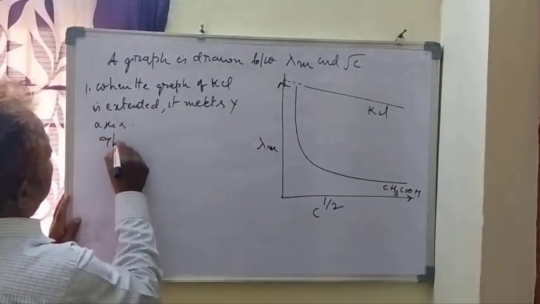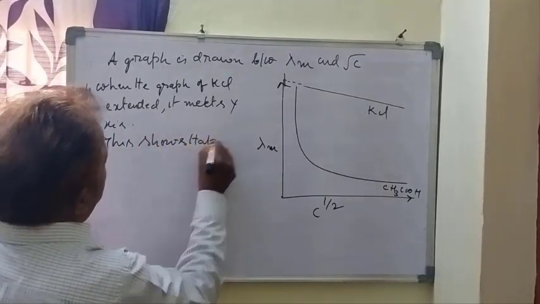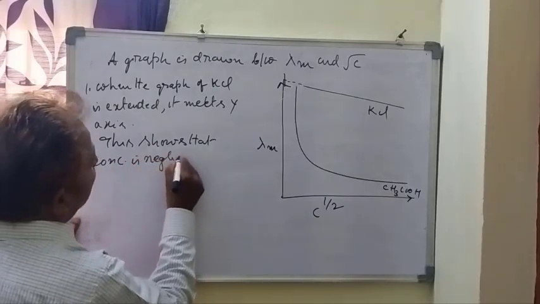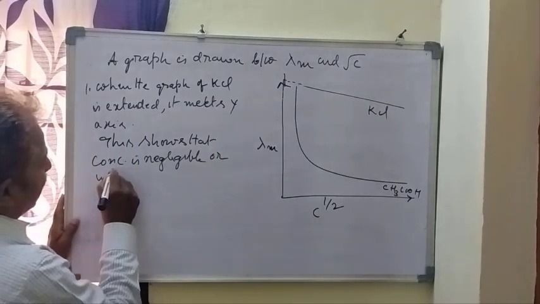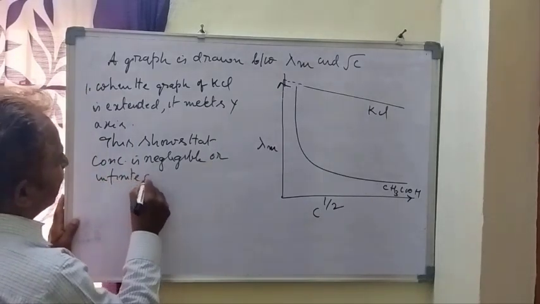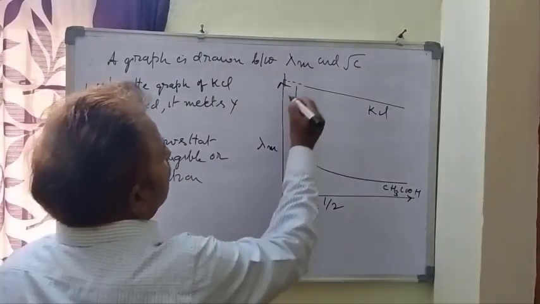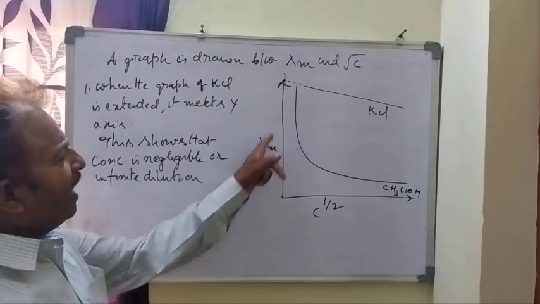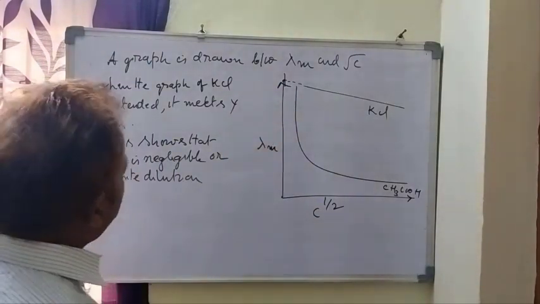This shows that the concentration is negligible, or infinite dilution. So wherever this graph meets the y-axis, that value is referred to as limiting molar conductivity.